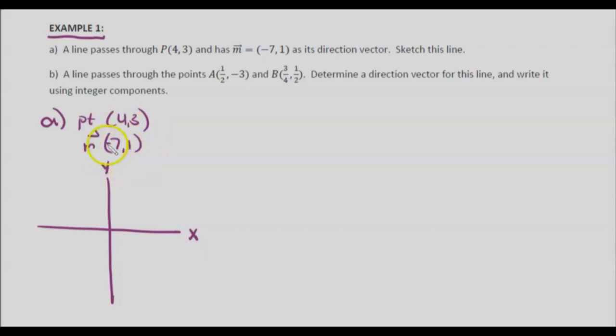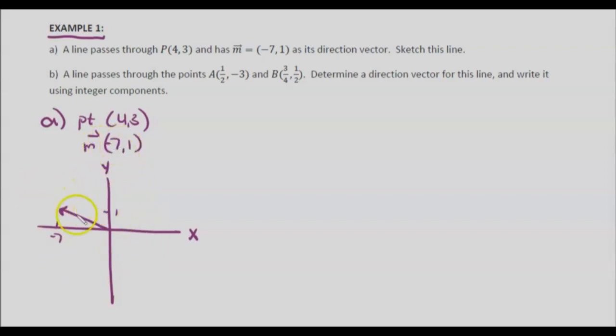So (-7, 1). Because this is a direction vector, remember this direction vector, for example (-7, 1), was basically relocated at (0, 0). So this is the direction that we're going in.